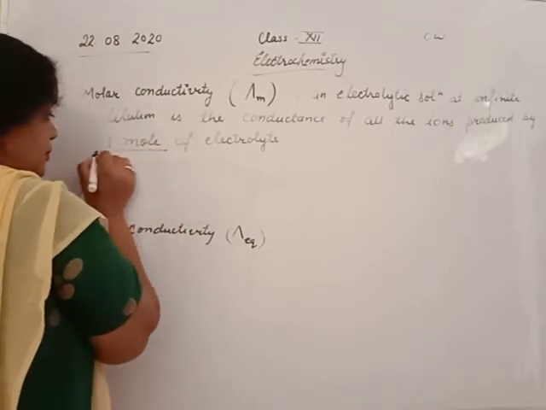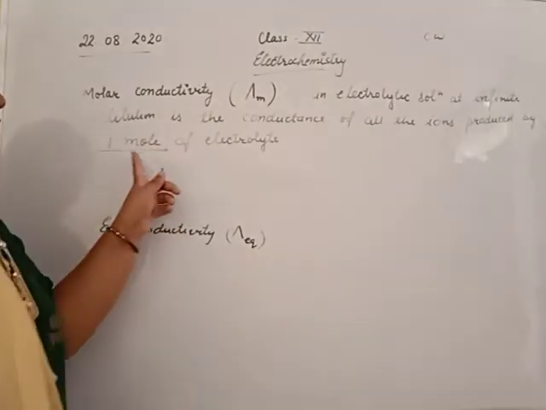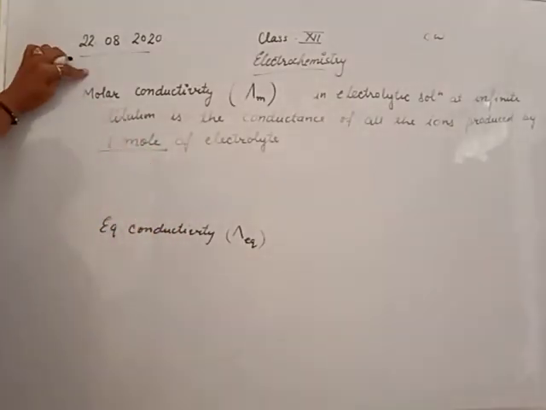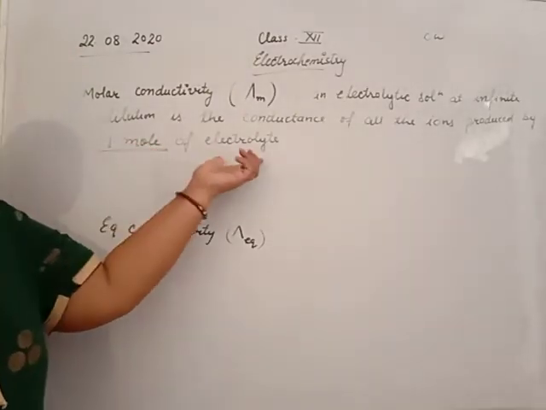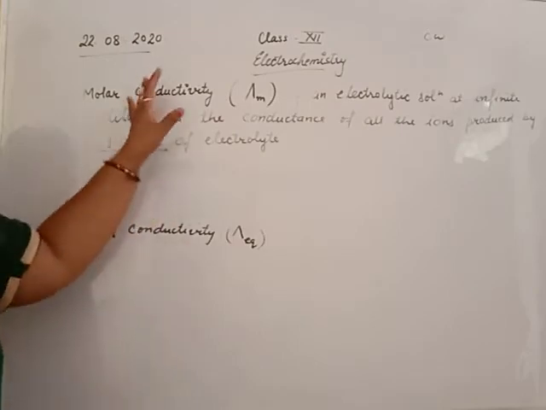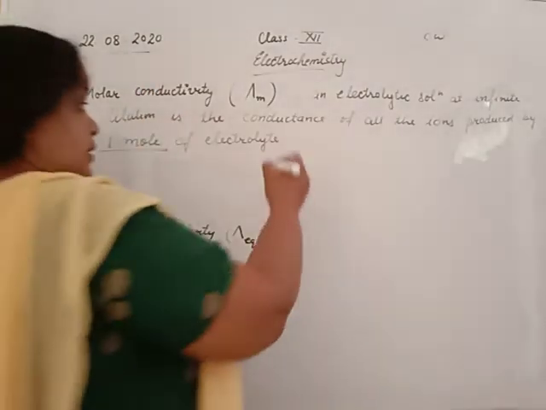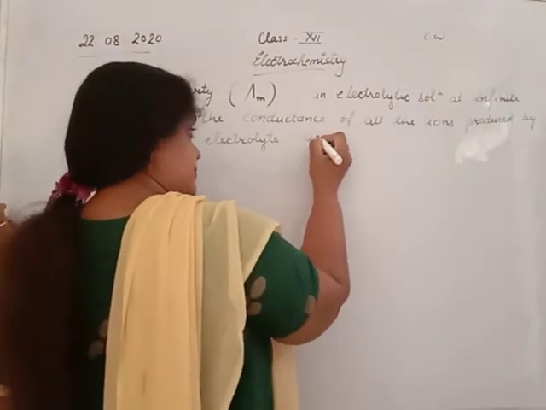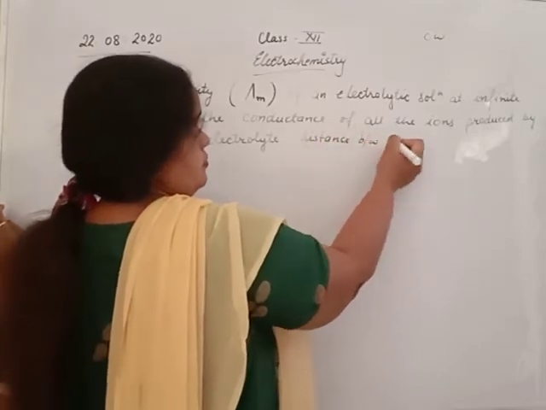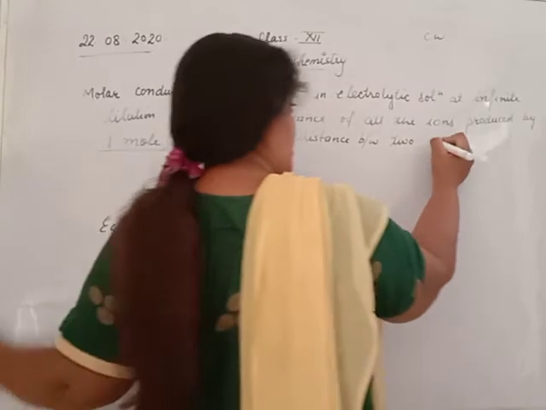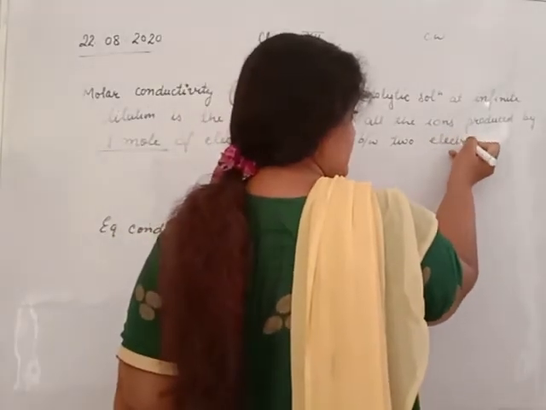This 1 mole is important. If here is 1 mole, it is molar conductivity. In place of 1 mole, if it is 1 gram equivalent of electrolyte, then it is equivalent conductivity. Otherwise, the definition remains the same. And the distance between two electrodes is 1 centimeter.